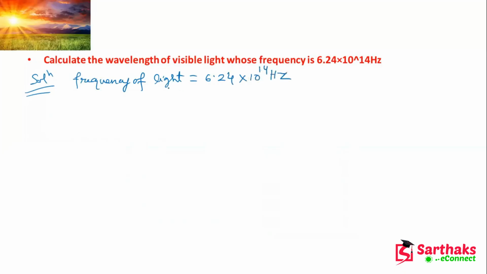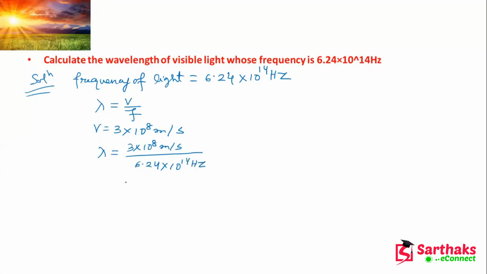We know the main relationship, lambda equals V by F, where V is 3 into 10 to the power 8 meter per second. So the wavelength lambda equals 3 into 10 to the power 8 meter per second divided by 6.24 into 10 to the power 14 hertz. So lambda will be 4.80 into 10 to the power minus 7 meters.